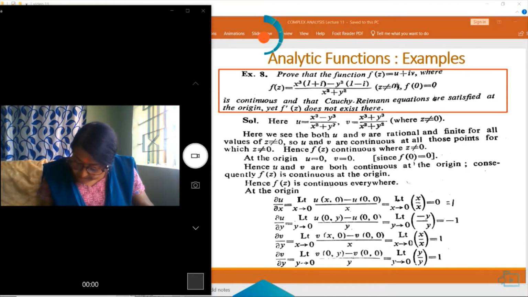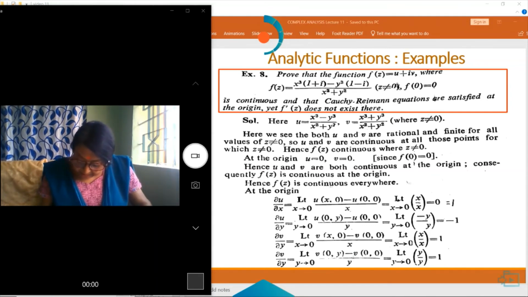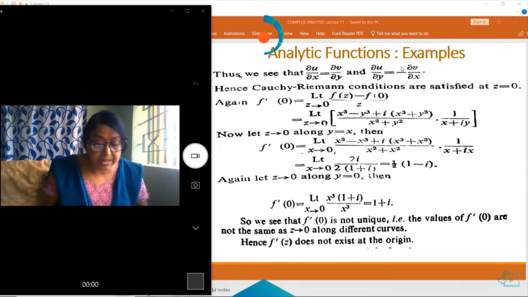Again, at z equal to 0 with y equal to 0, we get f'(0) equal to 1 + i. And again, with x equal to 0, we get a value of f'(0) which is different from this value.